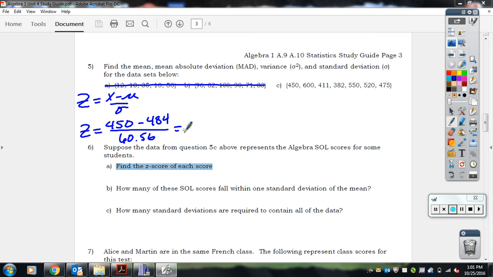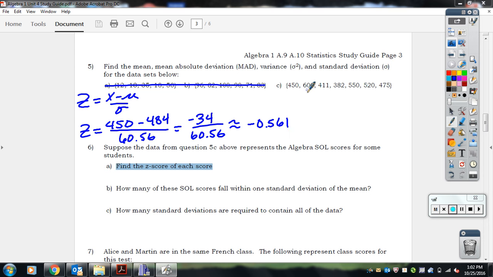This would be negative 34 divided by 60.56, which is approximately negative 0.561, we'll round it to. That's the first one. I would have to do the rest for all of the rest of them.